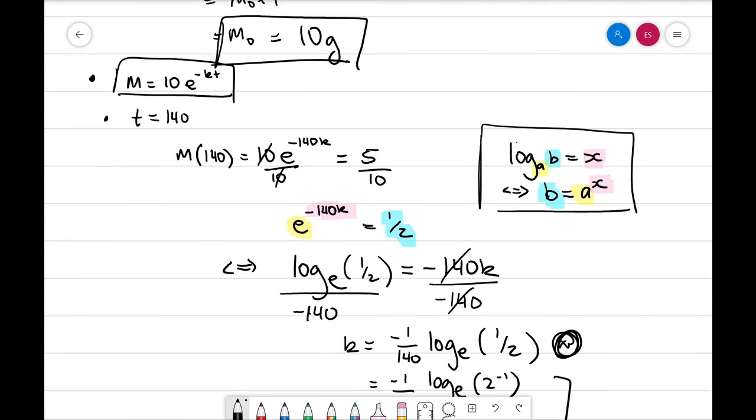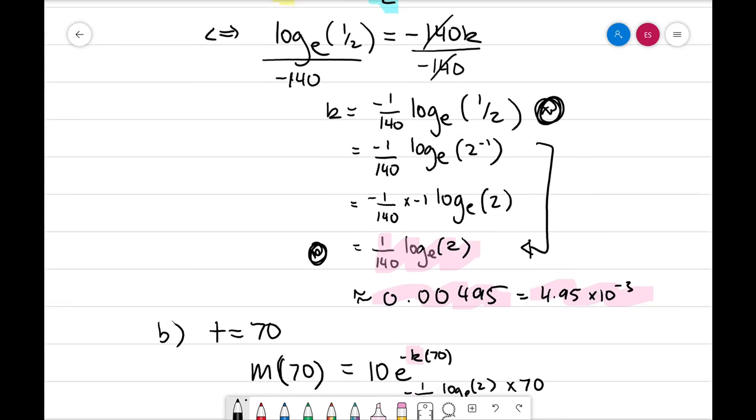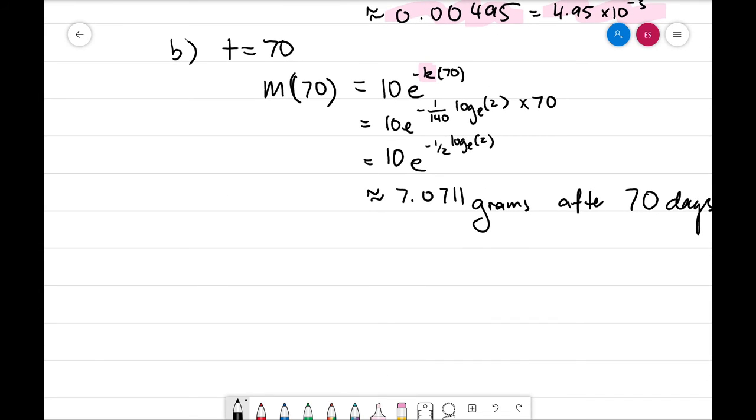Alright, now we can look at question C. Because we want to find after how many days is the mass remaining 2 grams. So we're going to try and find t here. So at what t is M equal to 2? Alright, so we'll put the mass is 2 grams on the left hand side, and then we know that we've got this relationship up here.